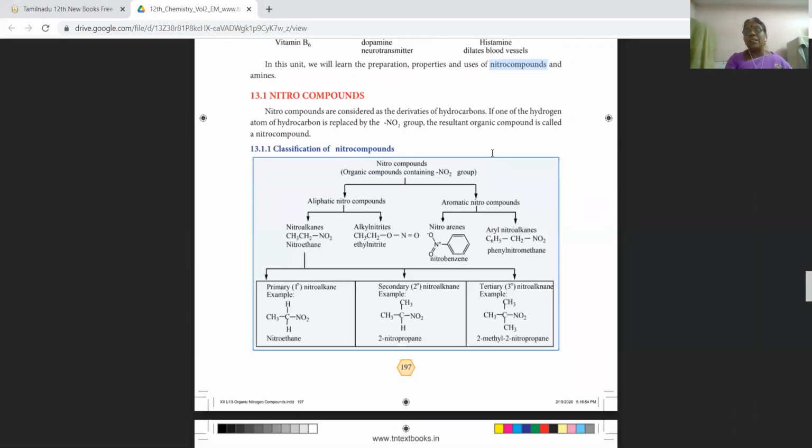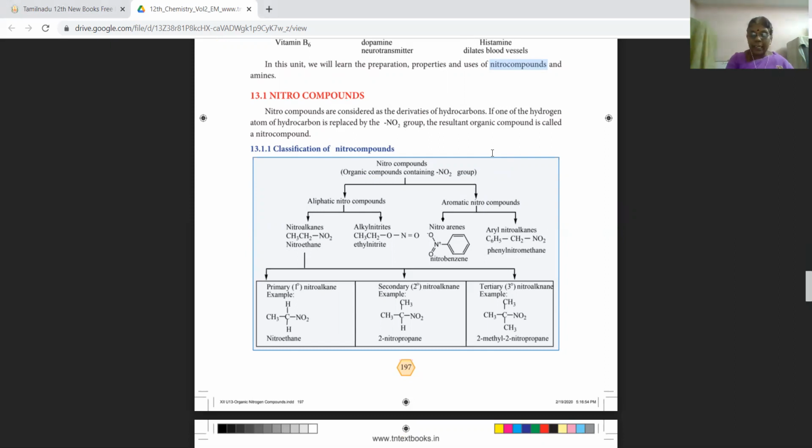Aliphatic nitrocarbons are those in which the carbons are in a linear chain, and that is further divided into nitroalkanes and alkyl nitrites. The nitroalkanes have the functional group NO2. The alkyl nitrites have the functional group ONO.